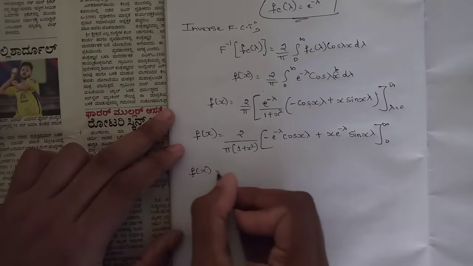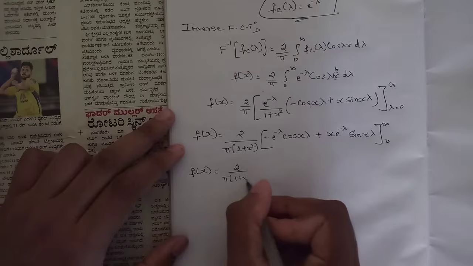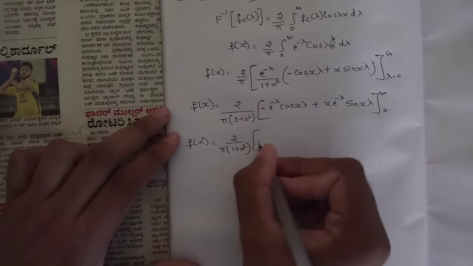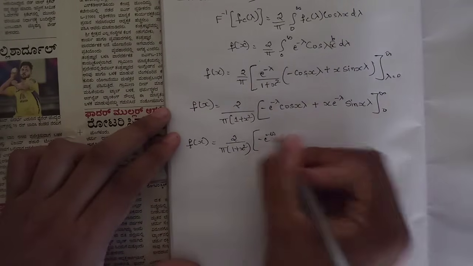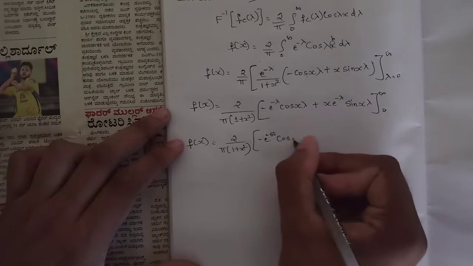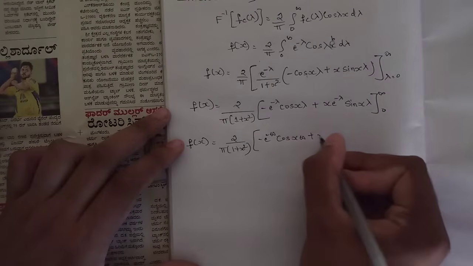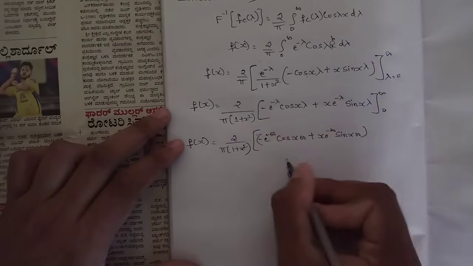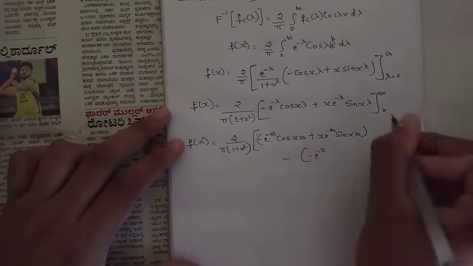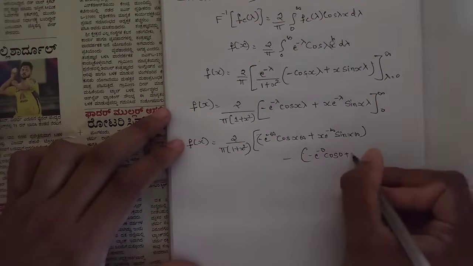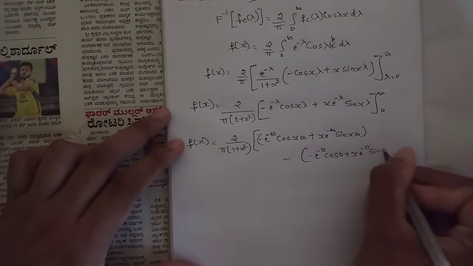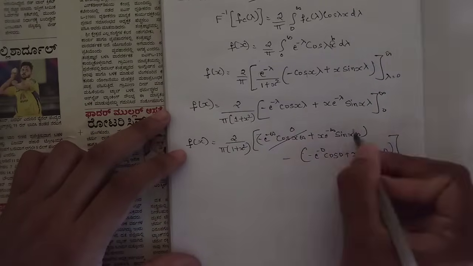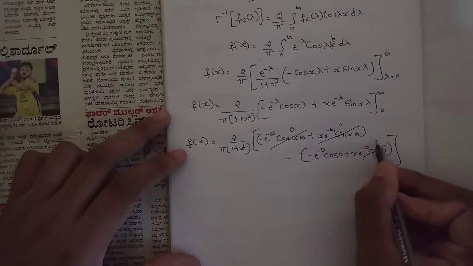So now again apply the limits: 2 by pi into 1 plus x square, minus e to the power, wherever lambda is there, replace it by the upper limit infinity, cos x into infinity plus x e to the power minus infinity sin x into infinity, minus the lower limit, that is minus e to the power minus 0 cos 0 plus x e to the power minus 0 sin 0. So here we can cancel. E to the power minus infinity is equal to 0, so these two terms will become 0, and sin 0 is 0, so this term is also 0.